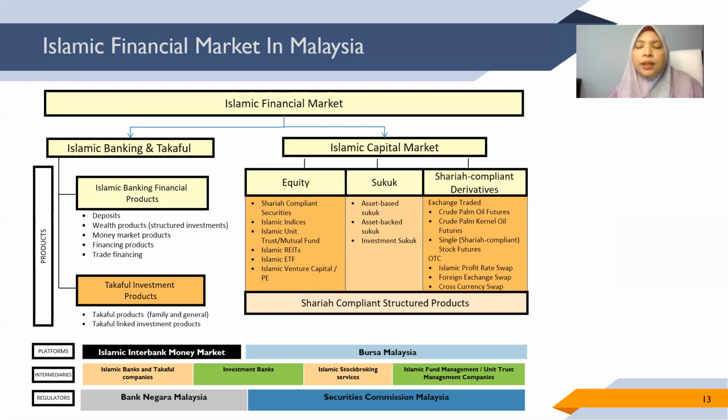So any government or institution that wants to issue a sukuk will go through an investment bank, because the investment bank does the underwriting process. Then we have Islamic stockbroking services, Islamic fund management, and unit trust management companies. For example, we have Kenanga Investment and Public Mutual, which are all fund managers in Malaysia.